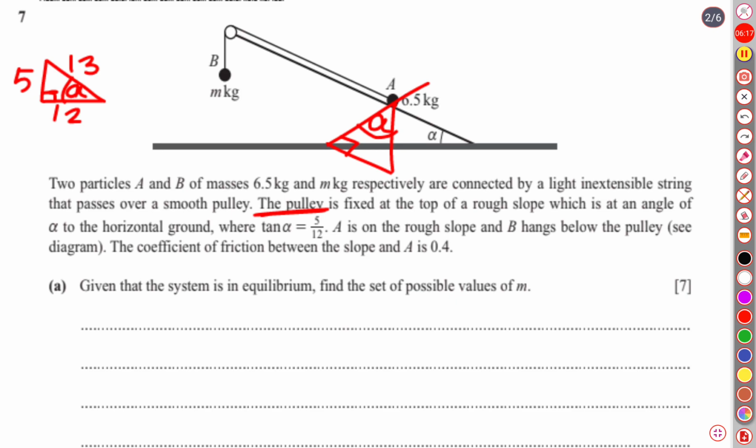On completion of the diagram, the first step of our solution will be finding the normal reaction, because the particle A is kept on a rough slope. Look at this, it is written over here, the slope is rough, so definitely there is a resistance to motion, frictional force. So let us find the frictional force, normal reaction.